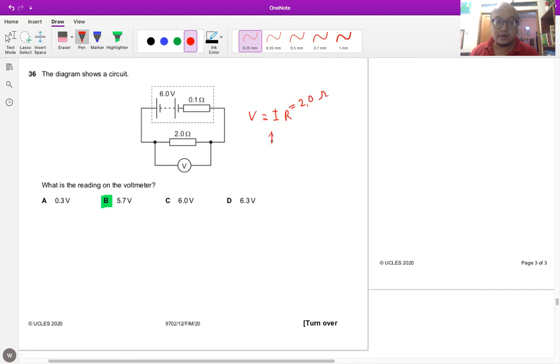And I means V over R total. V is 6.0, and the total R is 0.1 plus 2.0, so 6.0 divided by 2.1.